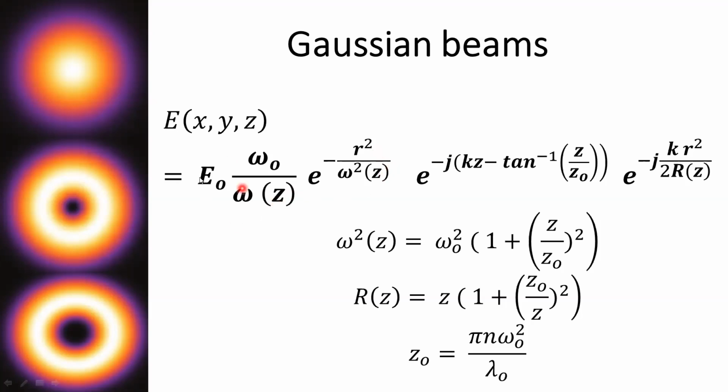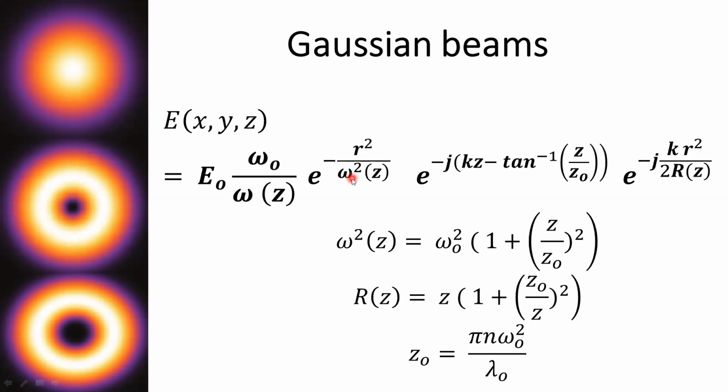Now, as you can see, this amplitude term is a function of omega of Z, where omega of Z is given by omega node square times 1 plus Z over Z node, all squared. If you put Z equal to 0, then omega square equals omega node square. So this fraction will equal 1 because it's omega node over omega node, and this fraction will have e power minus r square over omega node square.